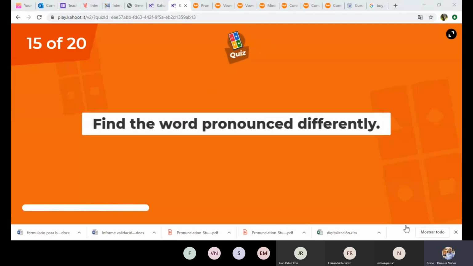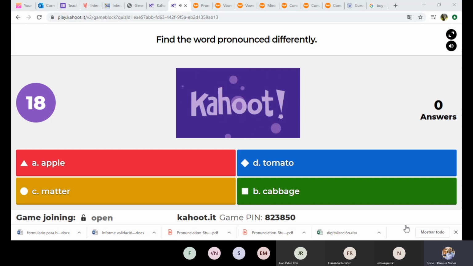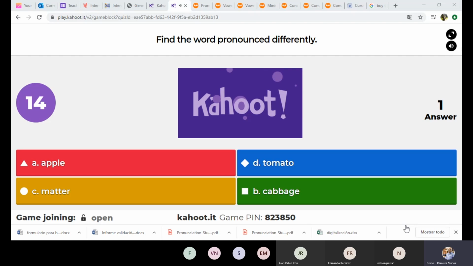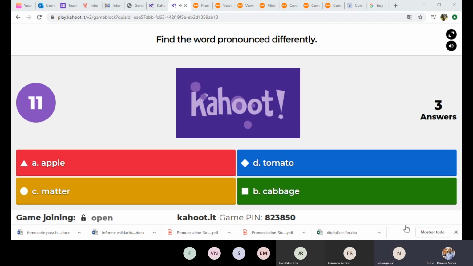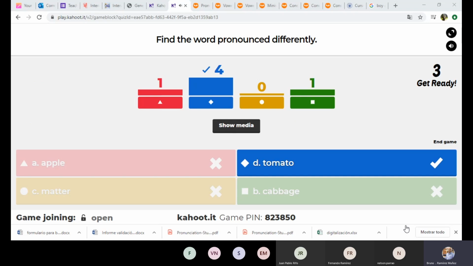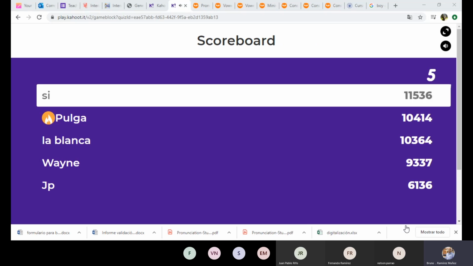15 out of 20. Get it? Exactly, the rest were a trap, right? Pulga on fire.